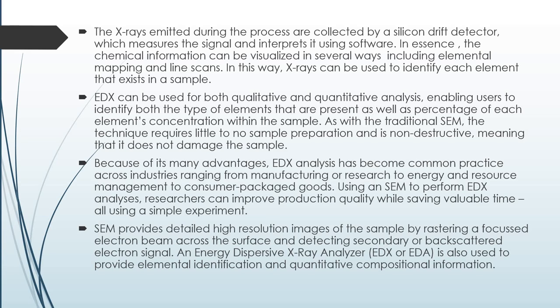SEM provides detailed, high-resolution images of the sample by rastering a focused electron beam across the surface and detecting secondary or backscattered electron signal. An energy dispersive X-ray analyzer is also used to provide elemental information and quantitative compositional information.